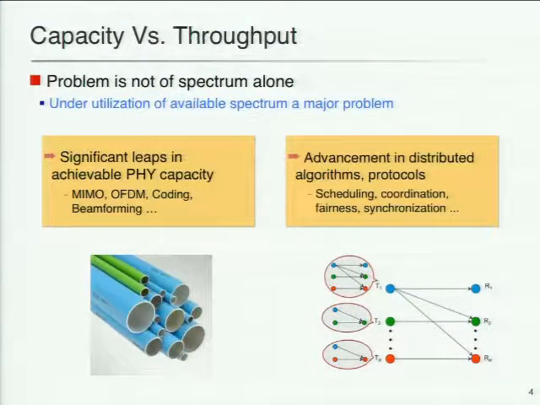So in other words, the problem is not of spectrum alone, but underutilization of the available spectrum is a major issue. And we as researchers have looked at this problem for quite some time. So if you look at our communication community, we have made significant leaps in achievable physical layer capacity by using techniques like MIMO, OFDM, coding, etc. And then if you look at our networking community, we have made advancements in distributed algorithms and protocols, scheduling, coordination, and things similar to that.